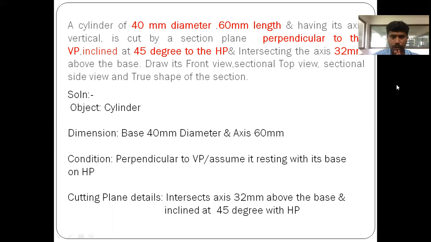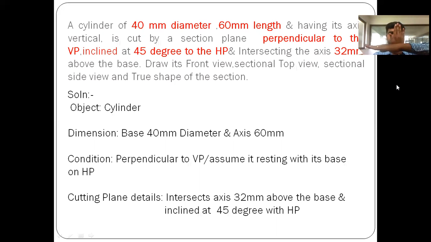Draw its front view, sectional top view, sectional side view, and true shape of the section. The very first job is to understand what the object is. You have to list it like this. The object is a cylinder. Its dimensions are a diameter of 40 mm and an axis of 60 mm. Next, the cutting plane conditions: it is perpendicular to the VP.